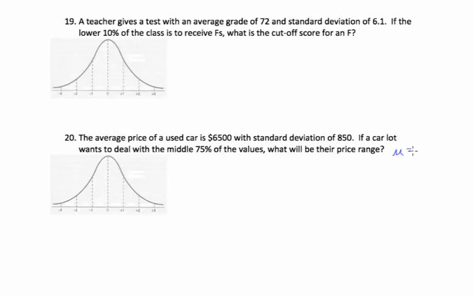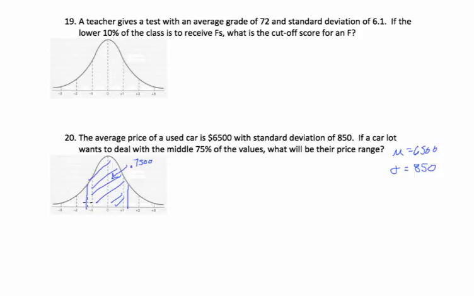Average price, 6,500. Standard deviation, 850. We want the middle 75%. I'm just guessing where this is. If I have the middle 75%, so this area will be 75%, 0.7500.